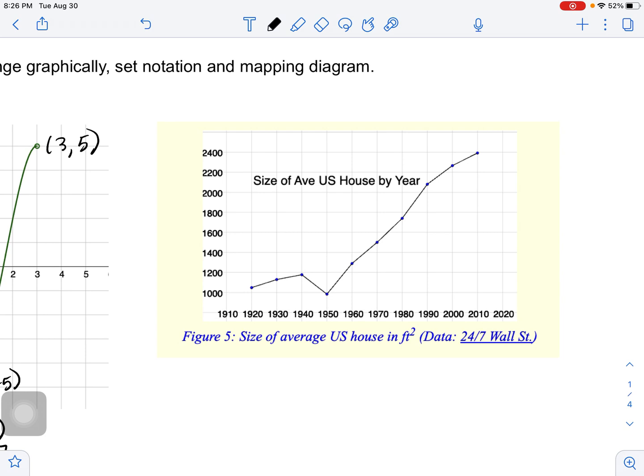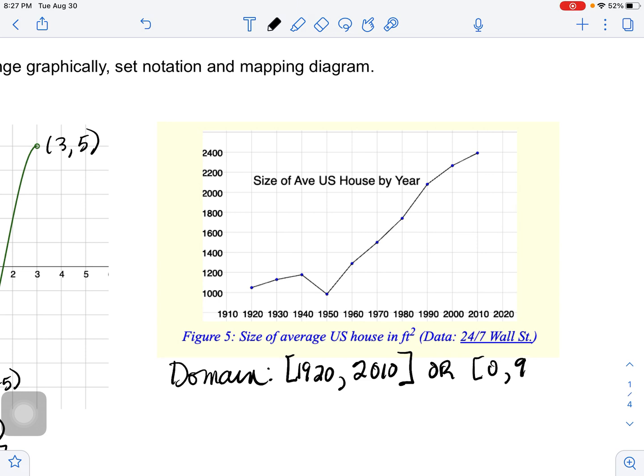If I were to describe the domain of this function, it would be described as 1920 to 2010. Those are the actual years. If you wanted to consider 1920 year 0, you could also describe it as 0 to how many years is that?